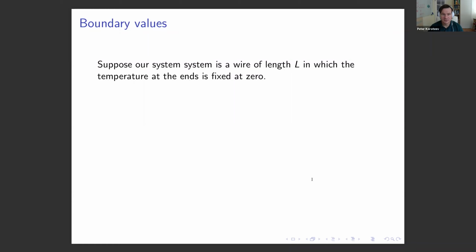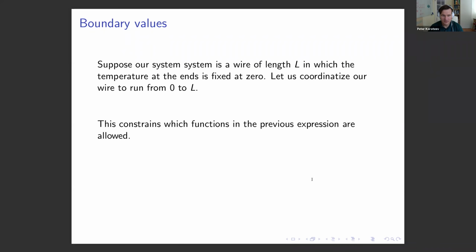Suppose our system is a wire of length L, in which the temperature at the ends is fixed to 0. So it's a boundary condition at those endpoints. Let's coordinate our wire to run from 0 to L along the x-axis. This constrains which functions in the previous expression are allowed.